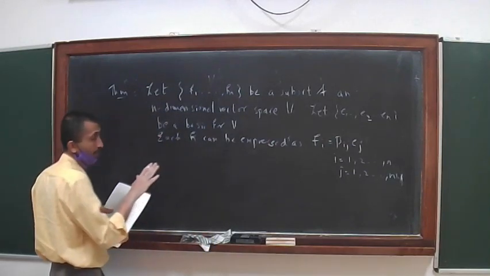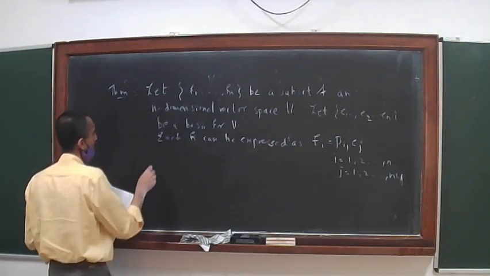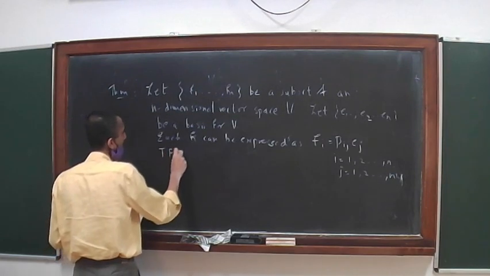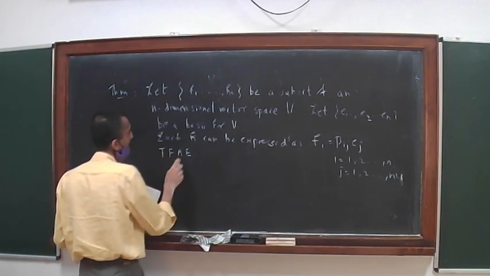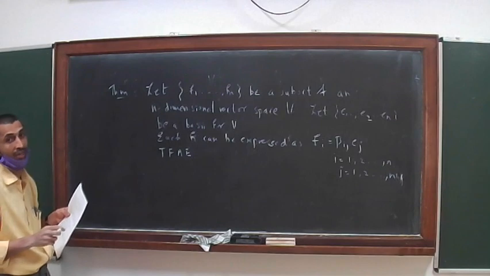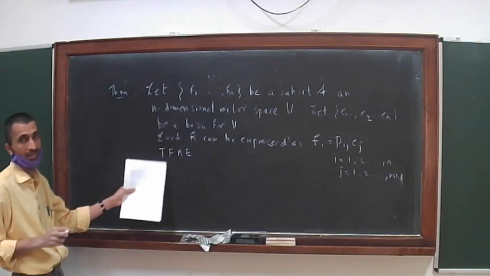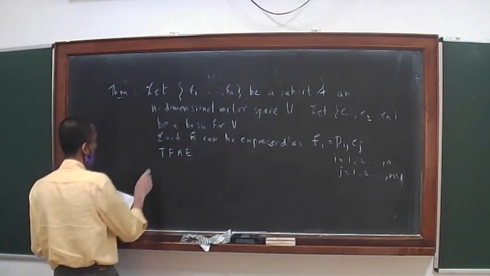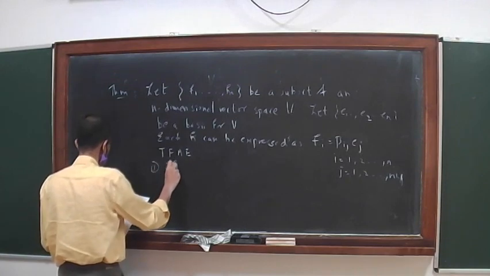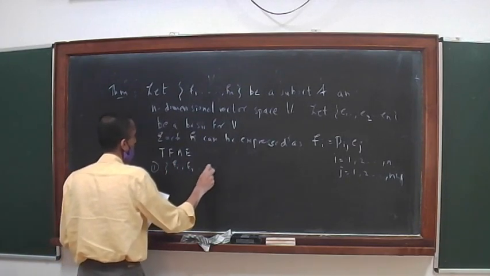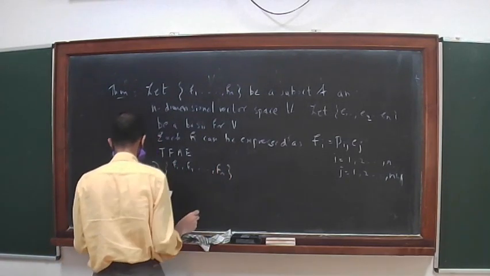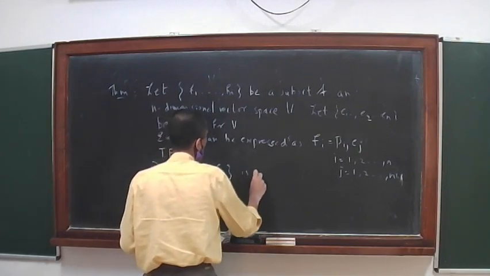Now let's come to the statement of the theorem. So I will write TFAE. TFAE stands for the following are equivalent. These are some of the abbreviations that I will use. One is that F1, F2 up to Fn is a basis.